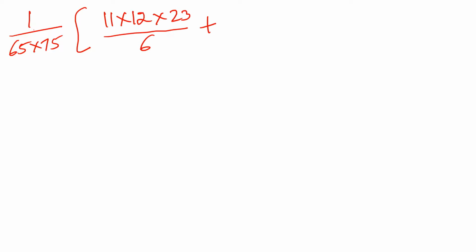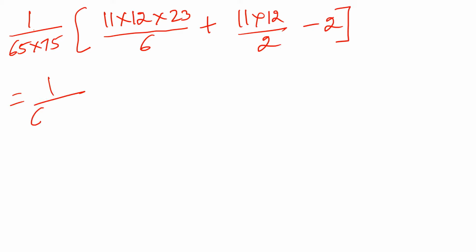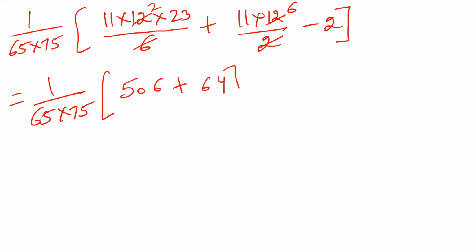Then we had the sum of first 11 natural numbers, that is just 11 into 12 divided by 2 and minus 2, which was already present in the expression. So now it becomes 1 upon 65 into 75 divided upon, this value becomes 22 into 23, this is 506, plus now this value comes out to be 66 minus 2, which is 64.